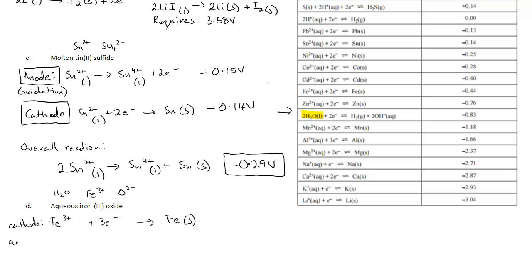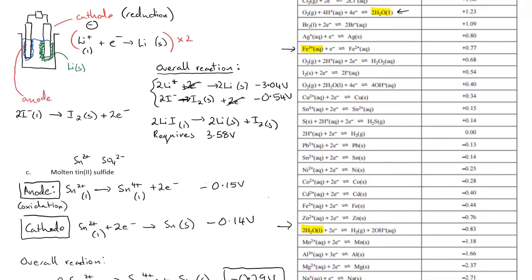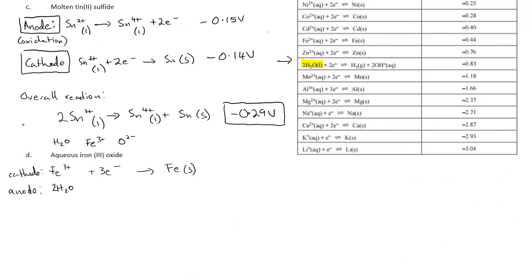And at the anode, we've got water breaking down into oxygen, hydrogen ions, and 4 electrons. Oops, I shouldn't have made that solid. That's not correct. It's 2 plus, and that is going to turn into aqueous. So that's aqueous, and that's aqueous.